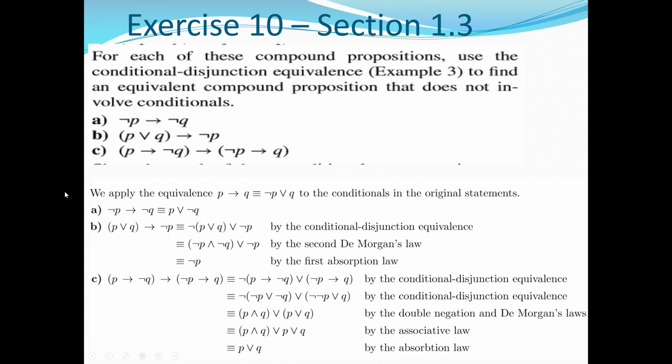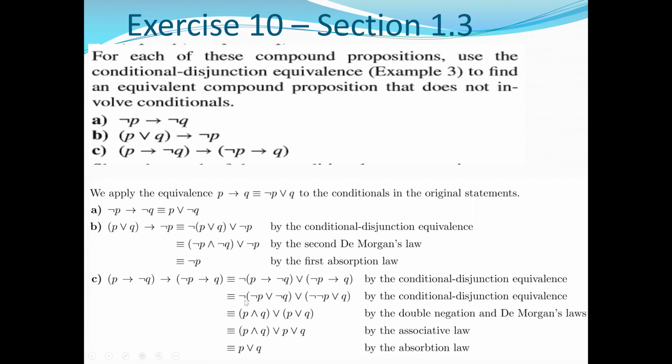Now part C says we should have P implies not Q, which implies not P implies Q. So here we get P implies not Q, which implies not P and Q. Instead of using implies, we use or: not P implies Q. Then we use our rules here.